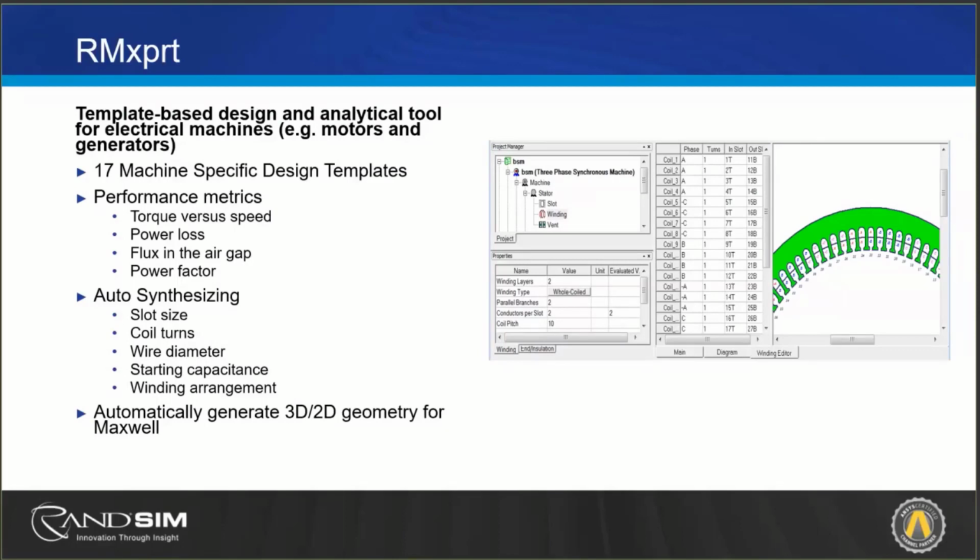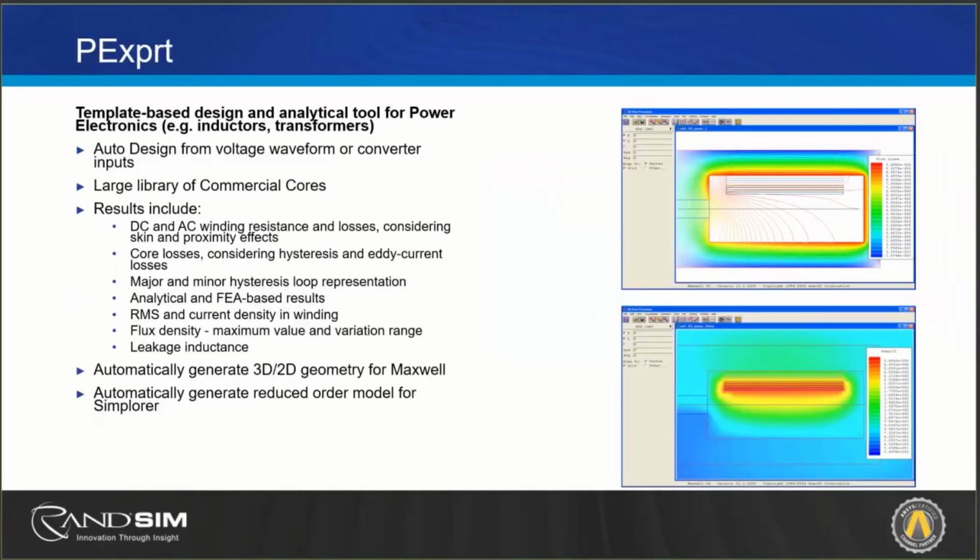In addition, not only do we have this for rotating machines, but we also have PExprt, which is specifically for the design of power electronics, so inductors and transformers, where you can now set values and material properties using this analytical tool, and then build a 2D and 3D model from this.